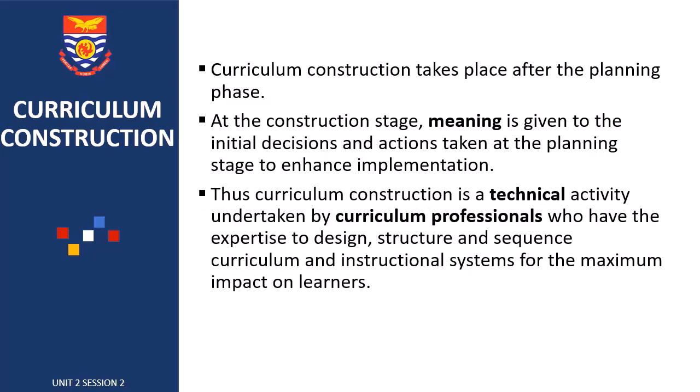Thus, the curriculum construction stage is a technical activity stage because it is at this stage that curriculum professionals come together to help design, structure, and sequence the curriculum and the instructional systems for maximum impact on the learners.